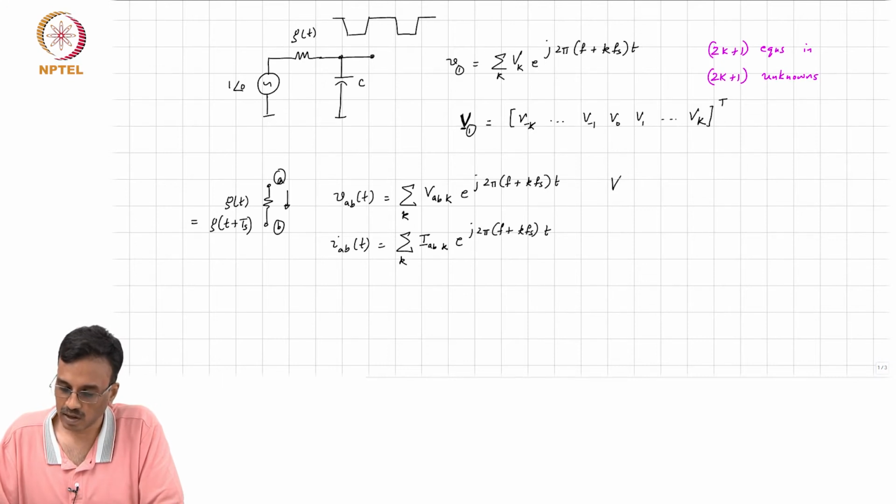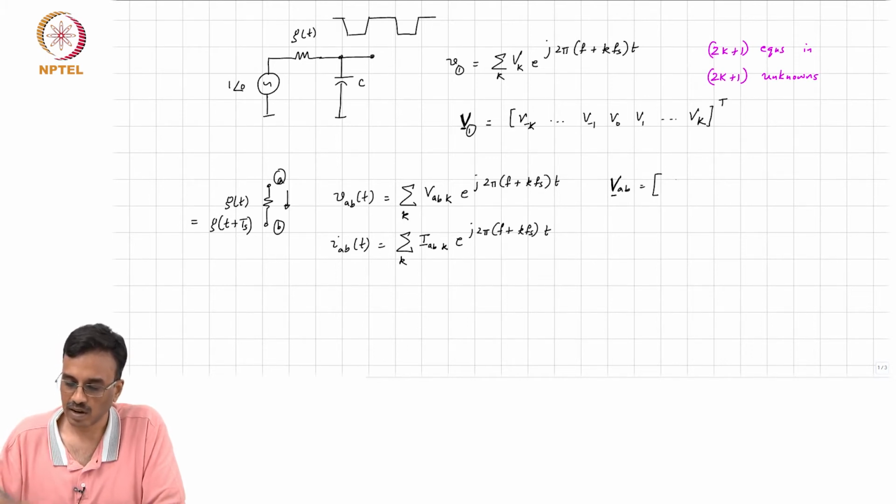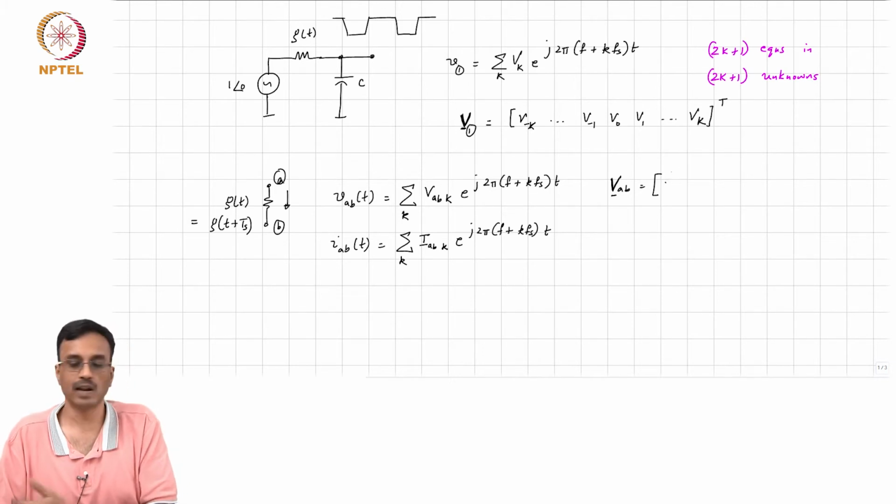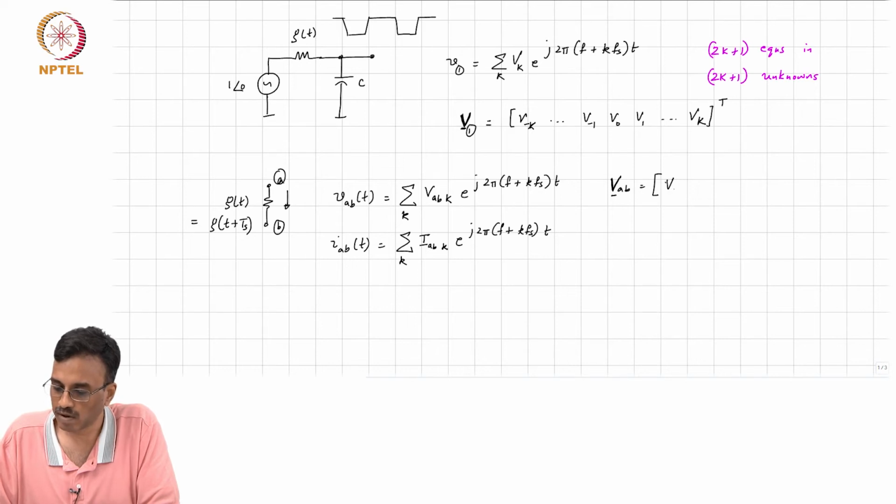The VAB phasor is, as usual, truncated beyond a certain large number K, which can be made arbitrarily large. So you have VAB of minus K, and so on, VAB 0, and so on, VAB of plus K, whole transpose.